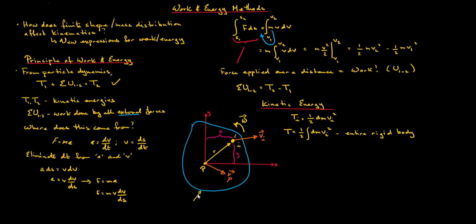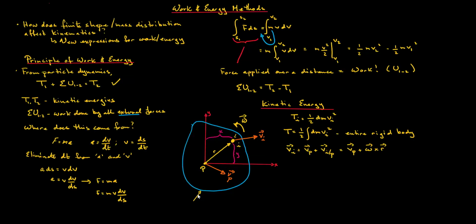How can we do this? Well, let's assume that we know the velocity at point P. If we know the velocity at point P, we can use relative motion analysis to find the velocity at point i. So the velocity at point i will be equal to the velocity at point P plus the relative velocity of i with respect to P. And we have seen that this relative velocity mimics fixed axis rotation.